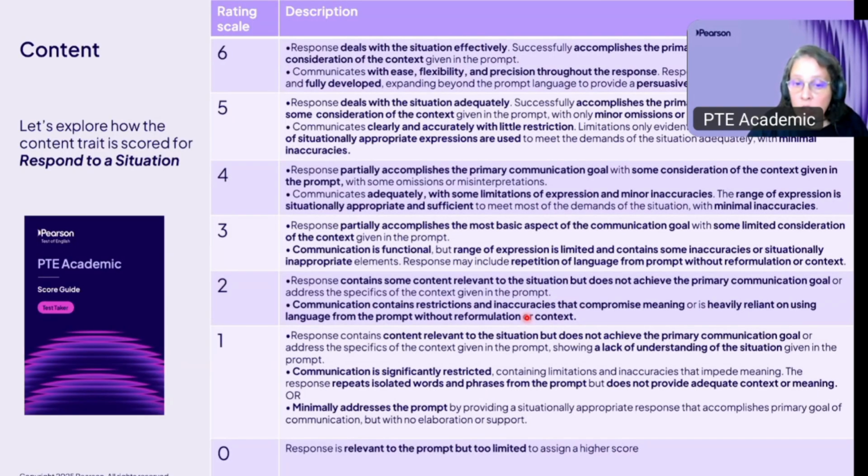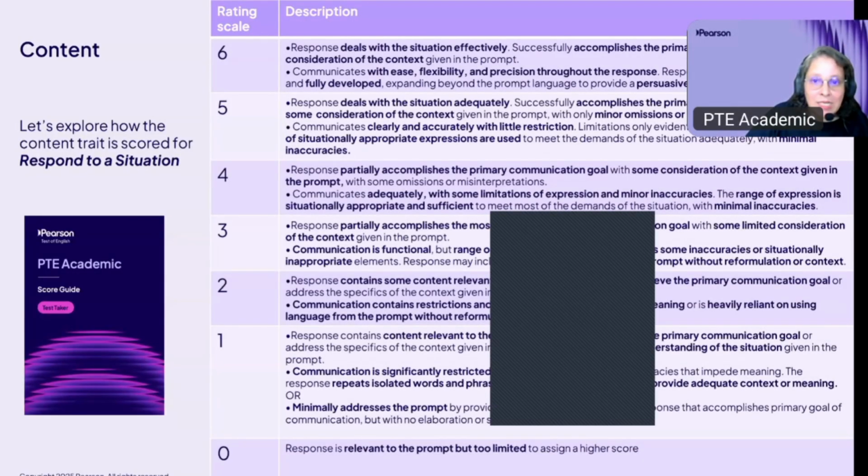The tone changes if you're addressing a person, and the tone changes when you are addressing a group of people in response to a situation. Either of those situations may appear in the test. So make sure that the tone changes differently if you're speaking to one person as against a group of people, right?